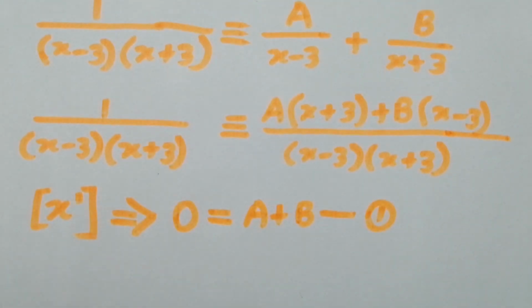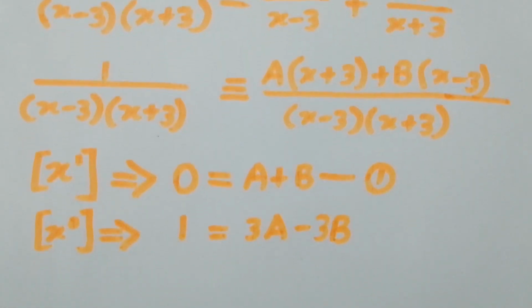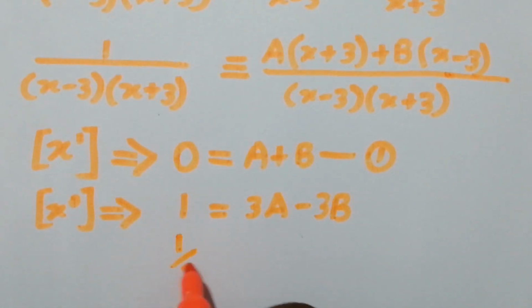Then by comparing the coefficient of x to the power 0 term, that means the constant, here the constant is 1 equals 3a minus 3b. If I simplify this further, I will obtain 1 upon 3 is equal to a minus b, the second equation.